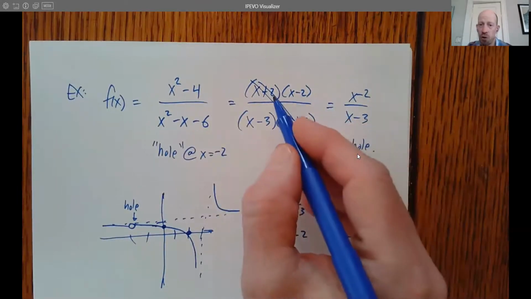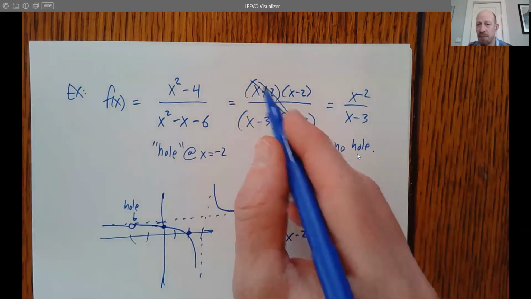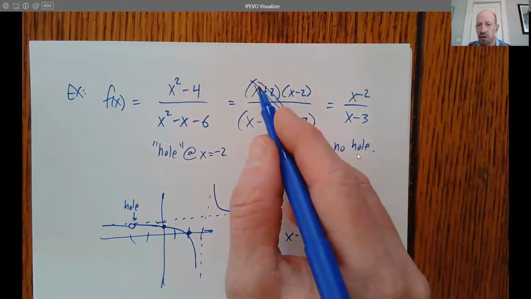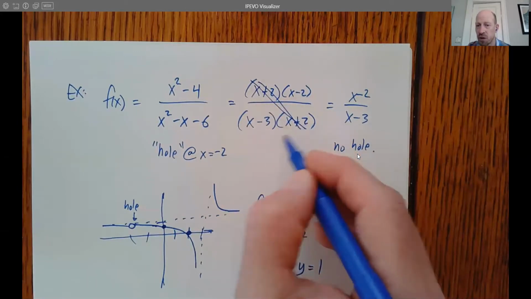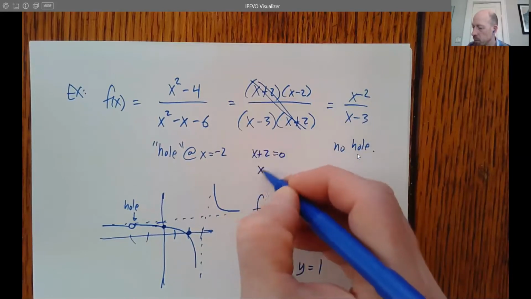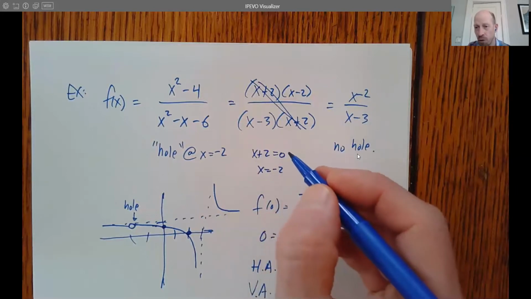Algebraically, there's a hole at any common factor between the top and the bottom. So since there was both an x plus 2 here, wherever that is 0 is going to create a hole.